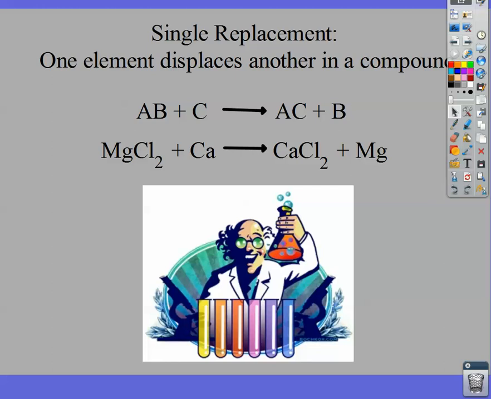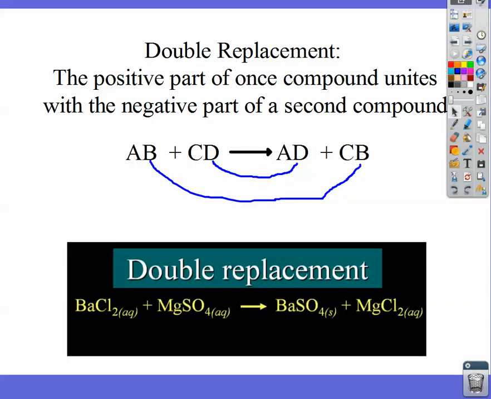Our last of our reactions is called a double replacement reaction, and in this case we have 2 more complicated substances. We have substance AB and compound CD, and when they undergo a reaction, one of the elements from compound CD replaces one of the elements from compound AB.